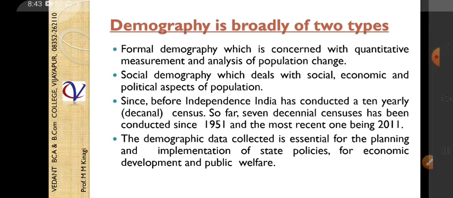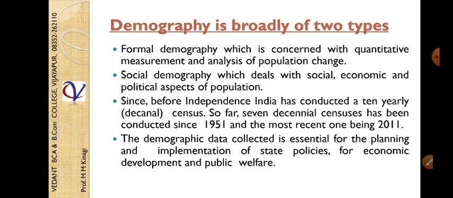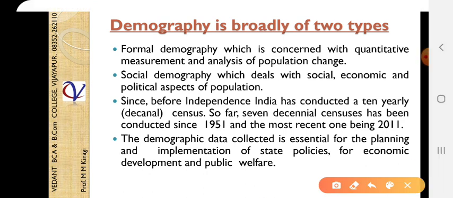Now the demographic is broadly of two types. First, formal demographic, which is concerned with the quantitative measurement and analysis of population change. So here we analyze how much it has been changing, whether it is changing in small numbers or big numbers, with the help of quantitative measurement.